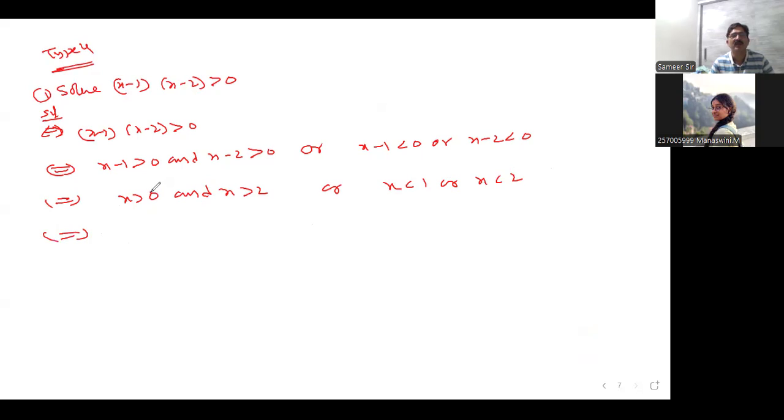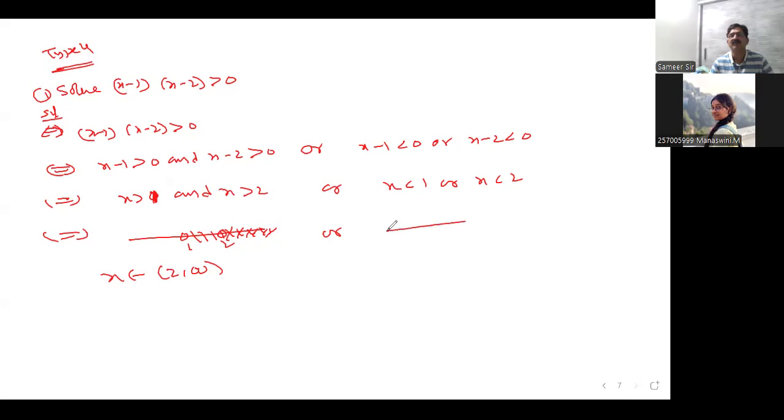Here 1 is there, here 2 is there. The second one is greater than 2, so 2 to infinity.